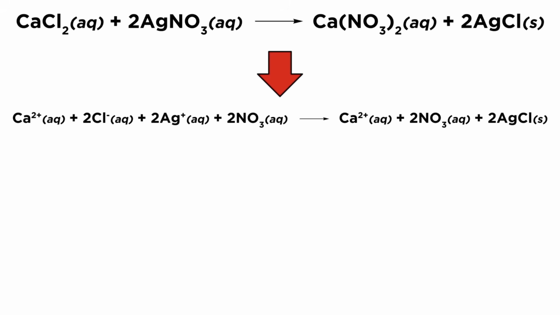Let's split up each aqueous species into its respective ions. Calcium chloride will become a calcium ion and 2 chloride ions. 2 formula units of silver nitrate will become 2 silver ions and 2 nitrate ions. Calcium nitrate is actually a calcium ion and 2 nitrate ions, and silver chloride will remain silver chloride as it is a solid.